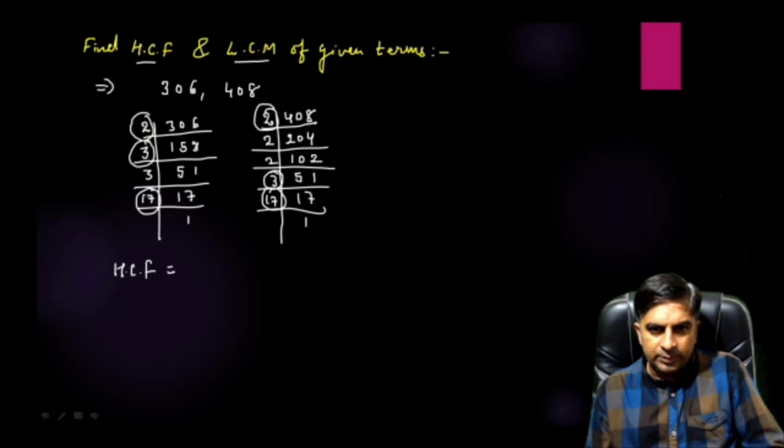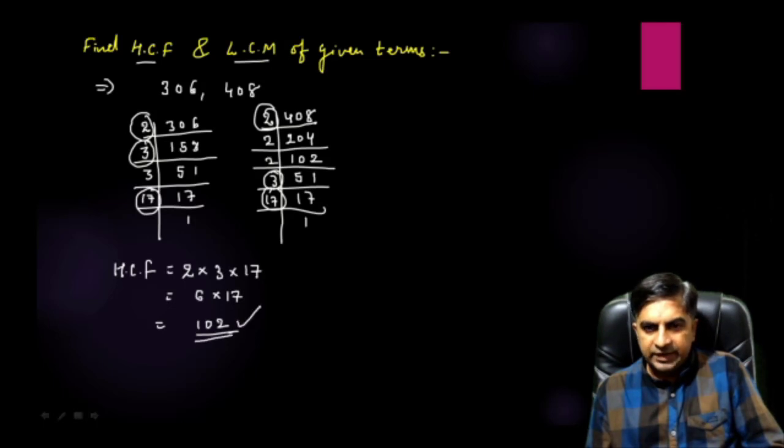So HCF is equal to 2 into 3 into 17. The numbers which are common in these two, we need to multiply. So 6 into 17 is 102, which is your HCF. Now, how to find the LCM?